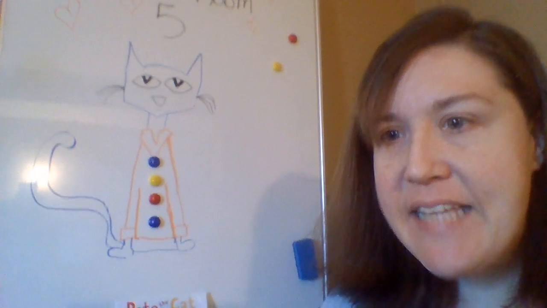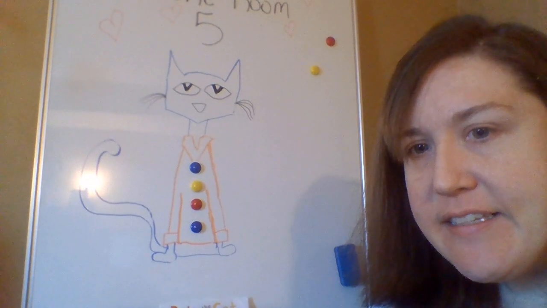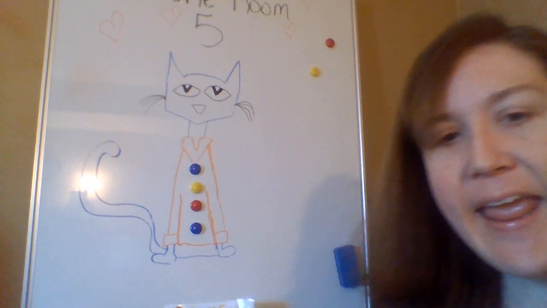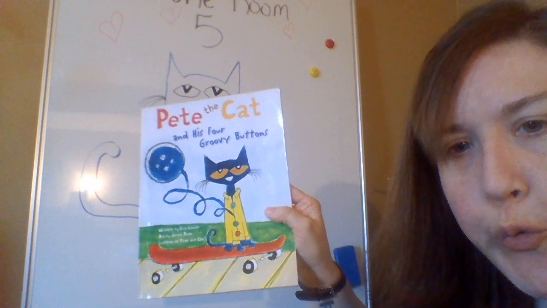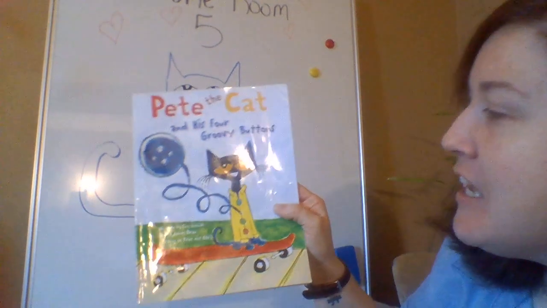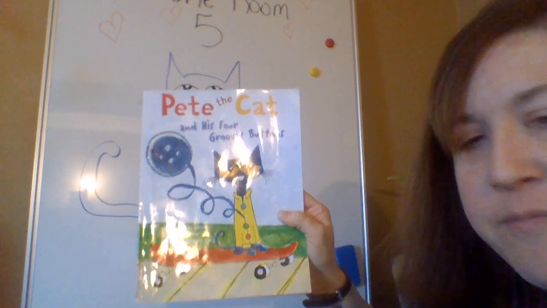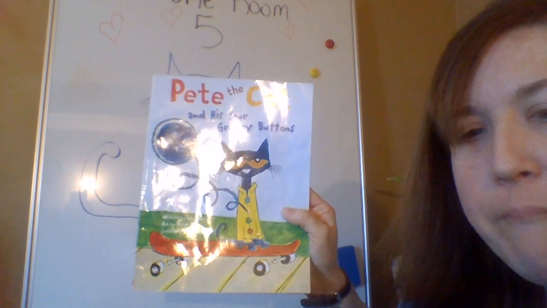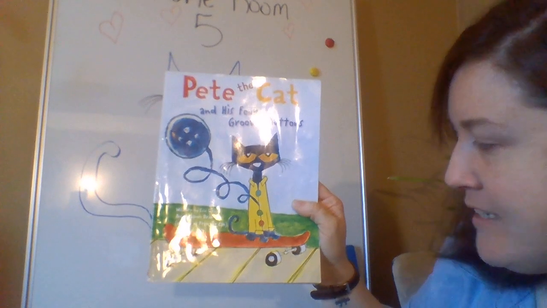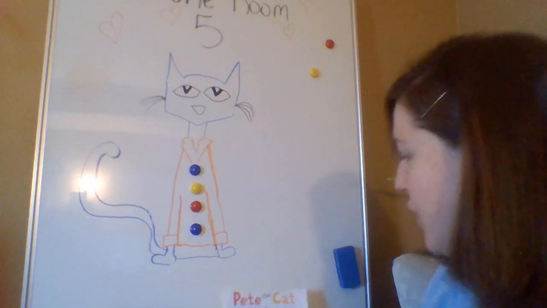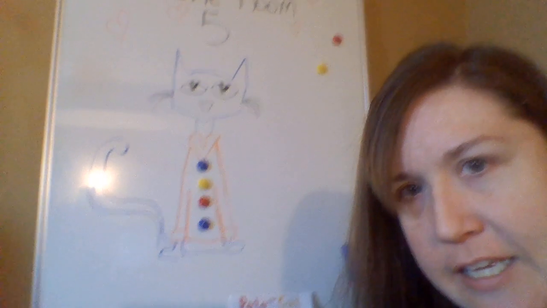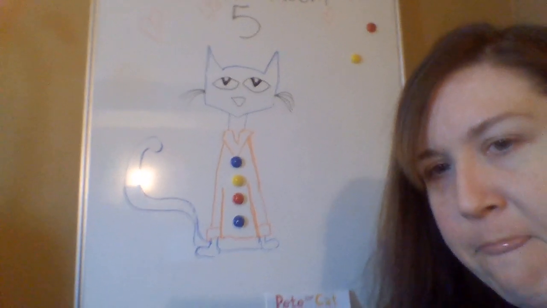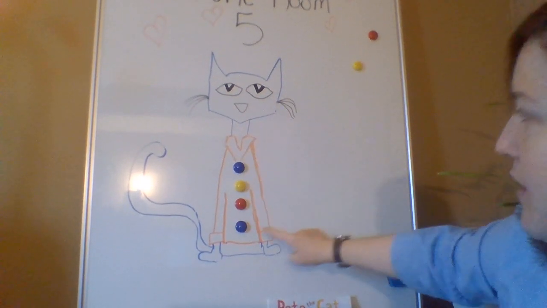So today's activity is Pete the Cat and his 4 Groovy Buttons, written by Eric Litwin, illustrated by James Dean. So here we go. You ready? Let's turn you over. As you see Pete the Cat here.